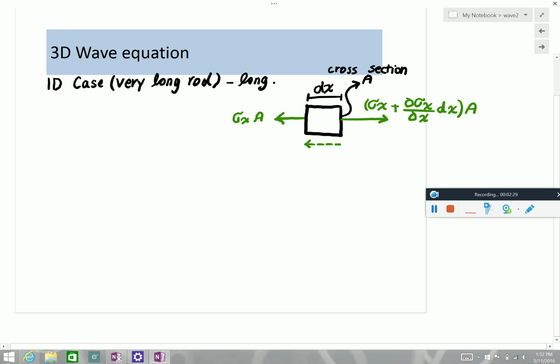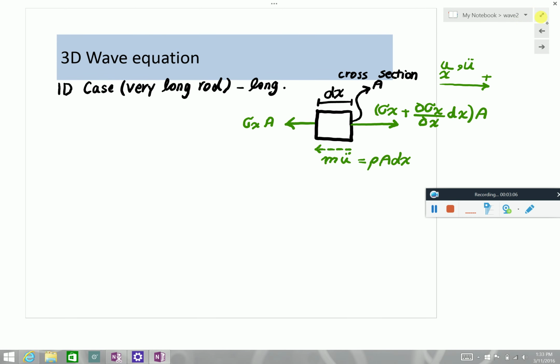So if we assume that the positive x direction is to the right, and also the displacement in the x direction u and the acceleration in the x direction are also positive, so this will be m u double dot, and then we show that you can write m in terms of density times volume of this differential element, which is rho A dx.